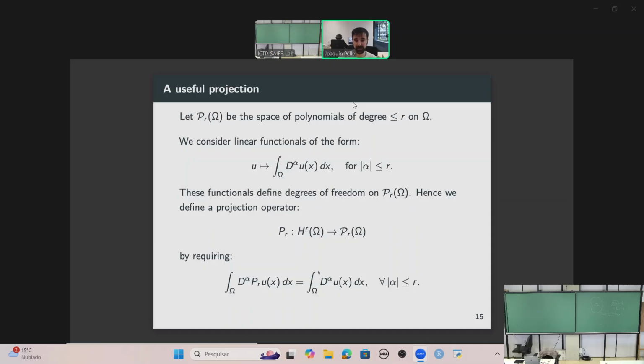So this, as I was saying, just specifying the values of the degrees of freedom on a certain polynomial completely determines the polynomial. So this defines the projection. If you give me any function u, I can give you the projection onto the polynomial space by just calculating these values here, right?